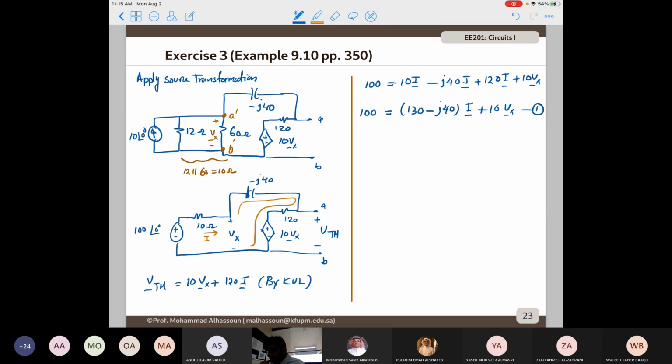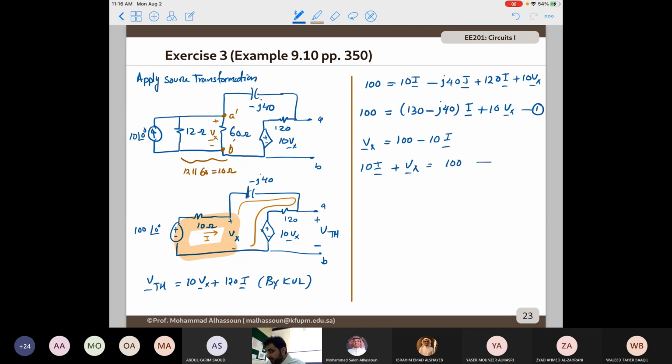So this is the first equation. The second equation is by applying KVL in this part. Vx is going to be 100 minus 10I. So if I write it in the standard form, I will get 10I plus Vx equals 200.